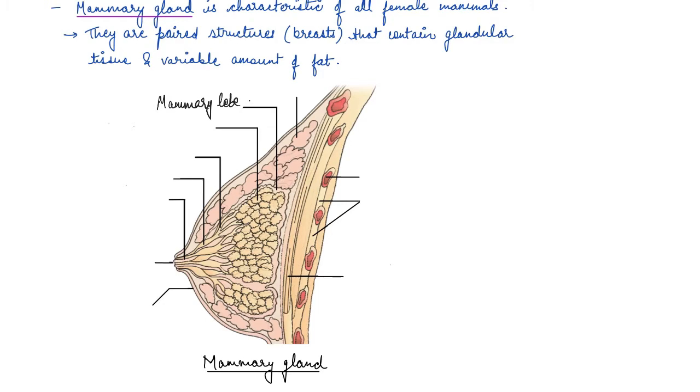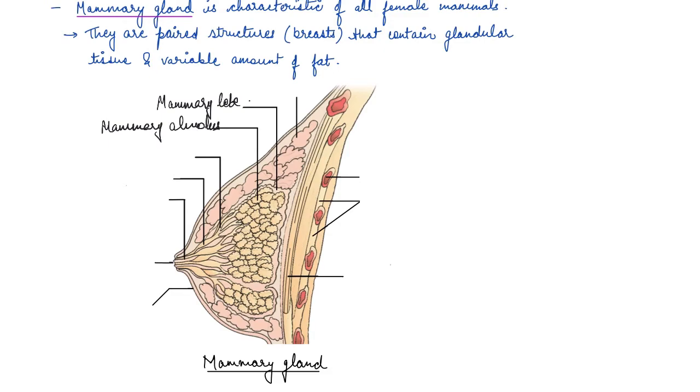So if you see these cells, these are the mammary alveoli. Okay, and the cells of the alveoli secrete milk, which is stored in the cavity of the alveoli, in the lumen of the alveoli.